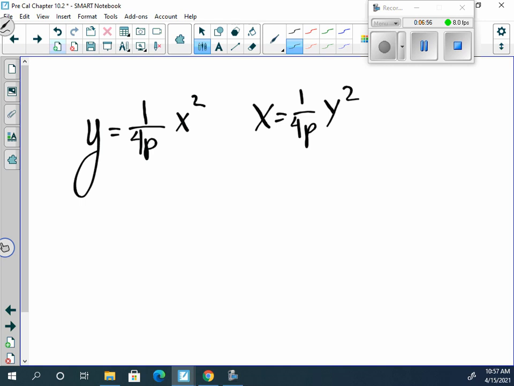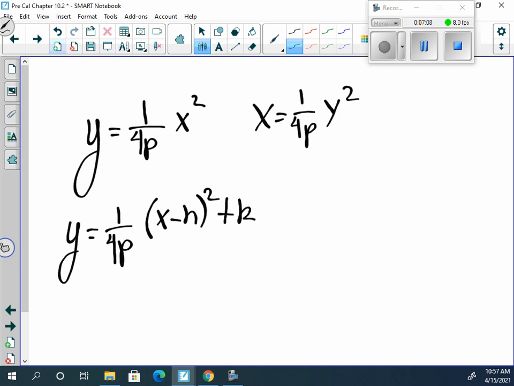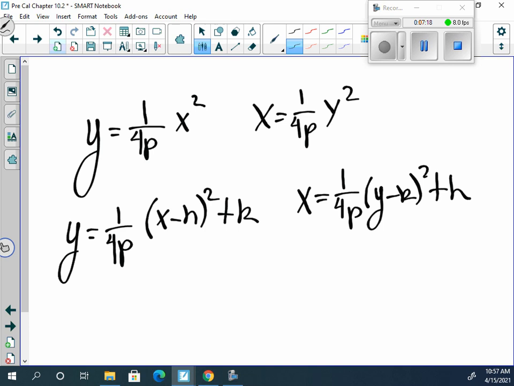When the vertex was not at 0, 0, we dealt with it in the form of y is equal to 1 over 4p times x minus h squared plus k, or x is equal to 1 over 4p times y minus k squared plus h. I have a feeling these formulas look a little bit more familiar. A little bit, but not too much. But they're the same thing as what we've been given. They're just not written as x equals or y equals.